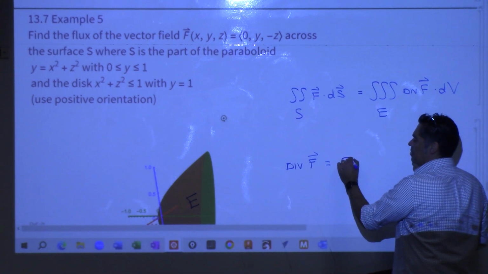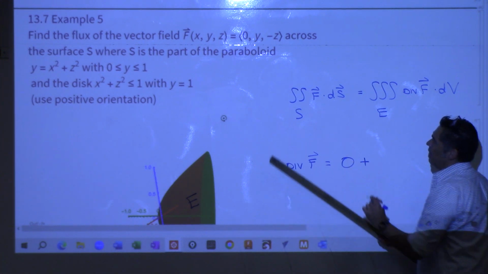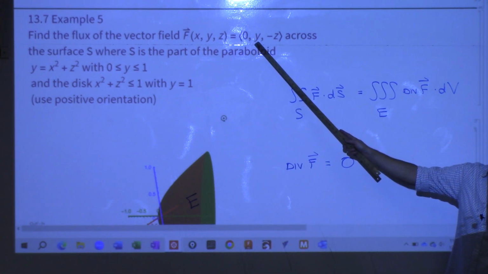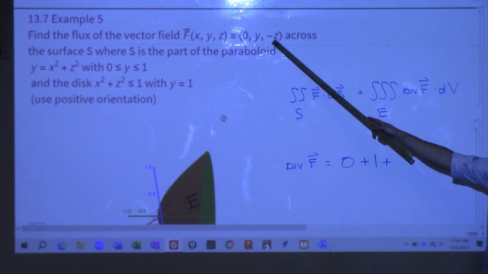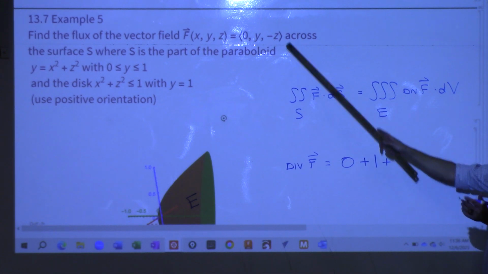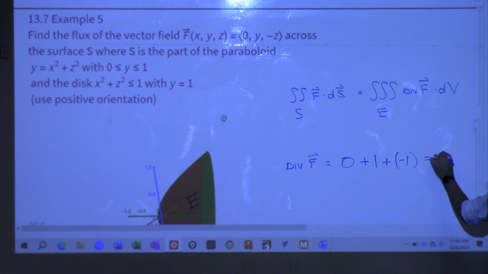And remember, the div is a scalar. It's not a vector. Then you add to that the second component, Q: take the partial with respect to y, which would be 1. And then you add to that the third component, take its partial with respect to z and get negative 1. And all that adds up to be 0.